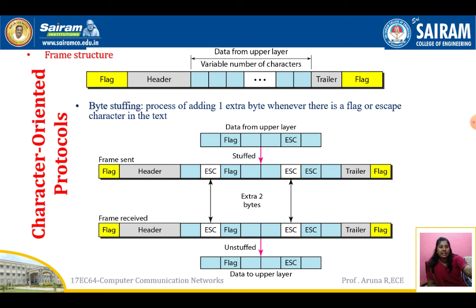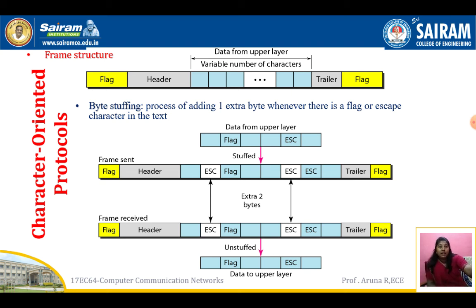ESC is escape. So whenever it sees ESC, it understands that it is a dummy character and it has to remove that one. And suppose something similar to ESC is available, then you will add one more ESC so that it is going to remove that one. This process is known as character stuffing or byte stuffing.